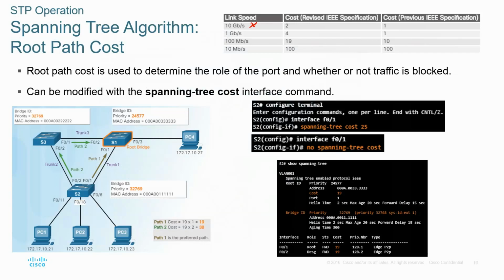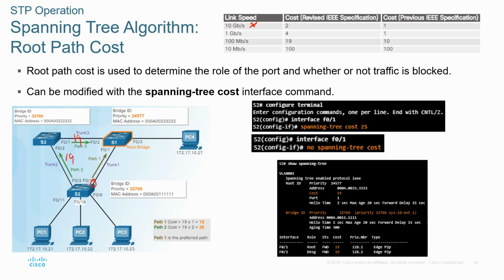If both links are also 100 megabits per second, then the cost is 19 plus 19, or 19 times 2, which is 38. So from the point of view of S2, path 1 has a lower cost, and so it will elect this port to be the root port.